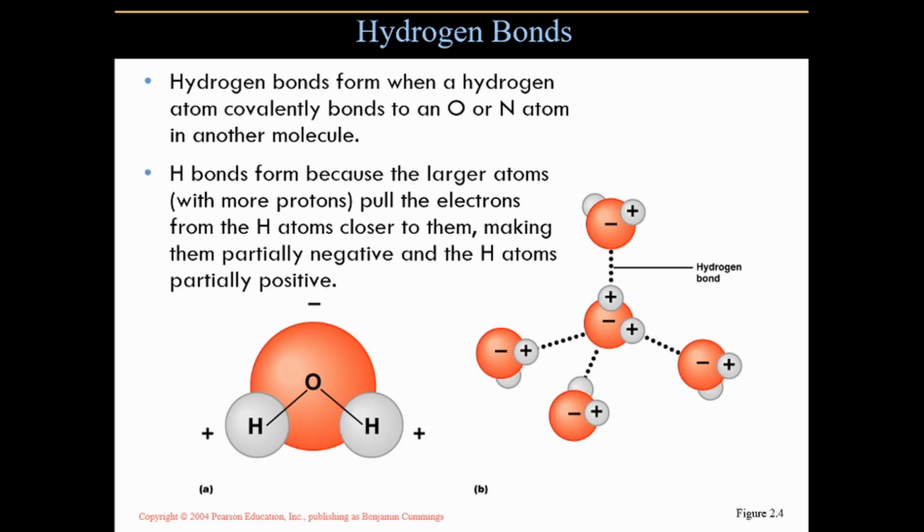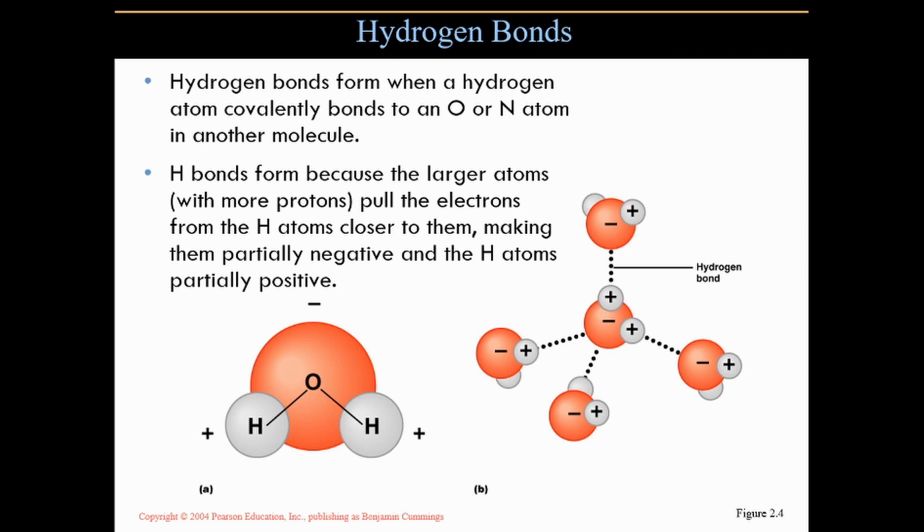So a hydrogen bond is, I guess you could say, a special type of covalent bond. But a hydrogen atom covalently bonds to an oxygen or a nitrogen atom in another molecule. And the example I'm showing here is water. I'm going to talk about the polar and nonpolar. I guess I'm talking about it sooner than I realized.